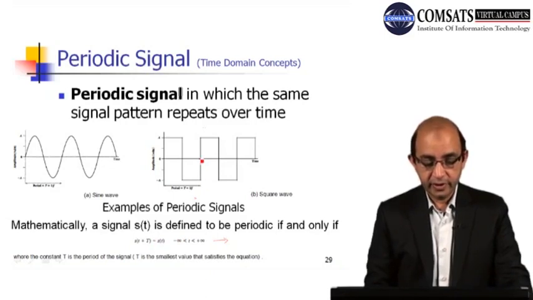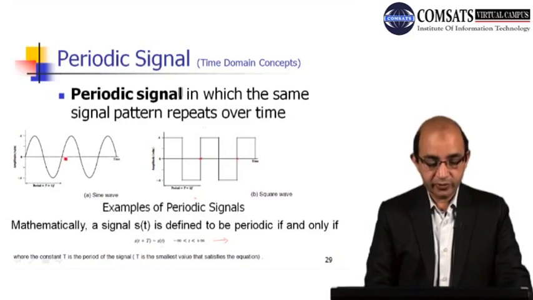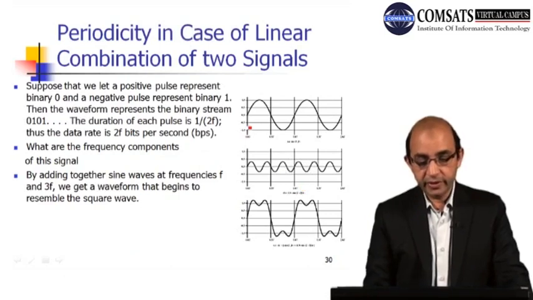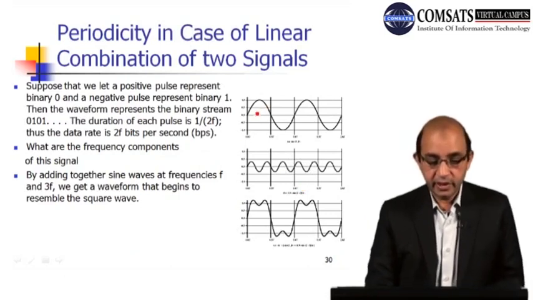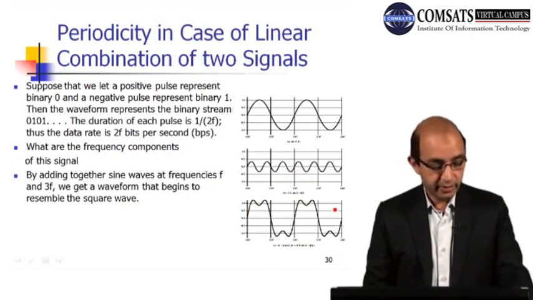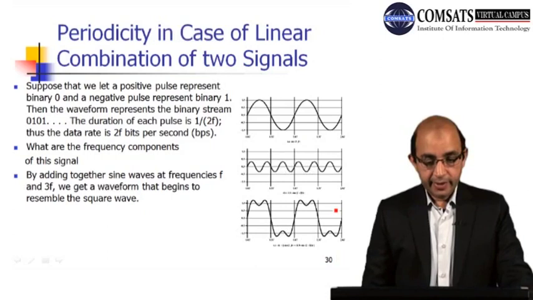So here you can see the signal is repeating after this much amount of time. So for this sinusoid, this is a square wave. You can see the effect: here we have a signal with frequency f, and here we have a signal with frequency 3f, and those signals are superimposed, and we are having this, right?